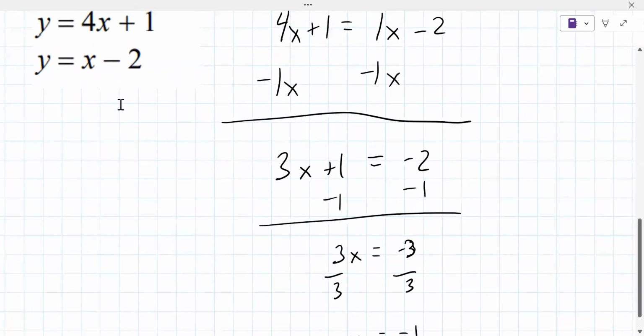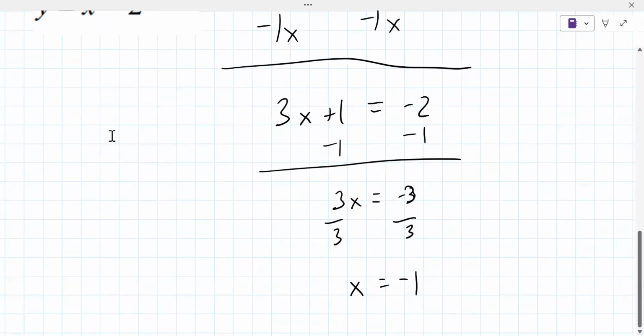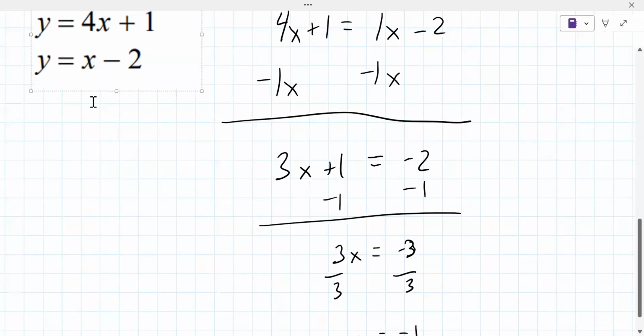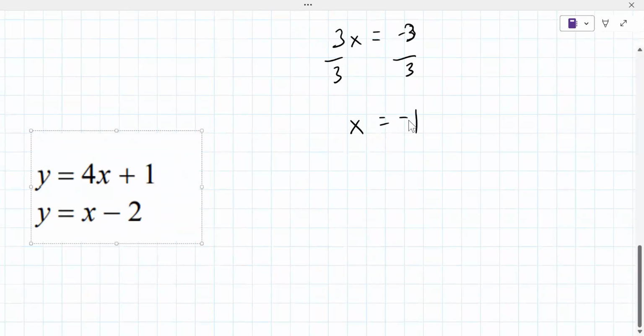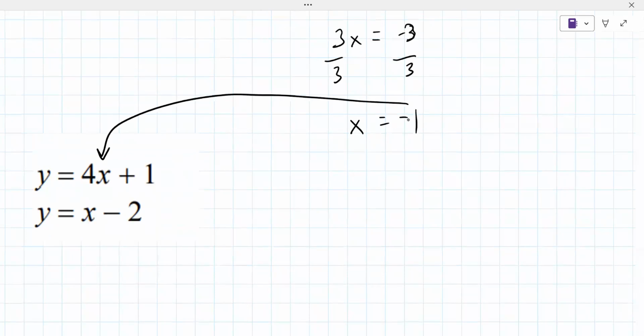The piece is you put the number back into one of the equations. We haven't done that yet. Once you've done this, you have to pick an equation like this one here and put the variable back in. Okay. 4 times negative 1 plus 1.